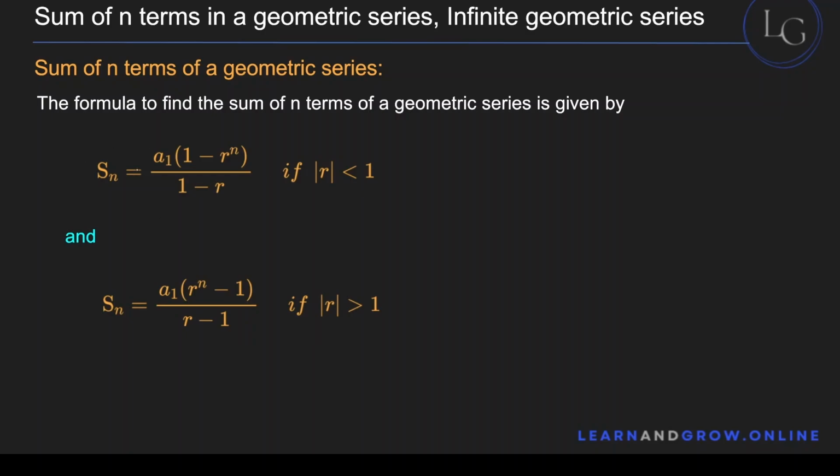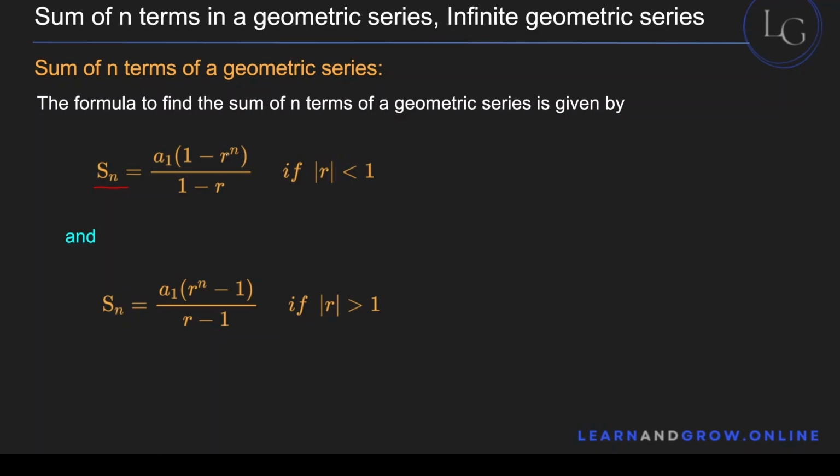This formula is for the case where the absolute value of r, the common ratio, is less than 1, and this formula is applied when the absolute value of r is greater than 1. So Sn, being the sum of n terms, is equal to a1, which is the first term of the geometric series, into 1 minus r, the common ratio, to the power n, which is the term number.